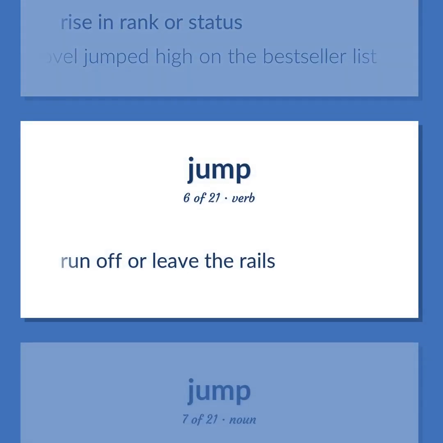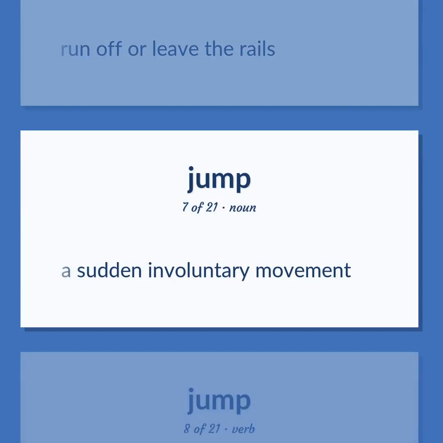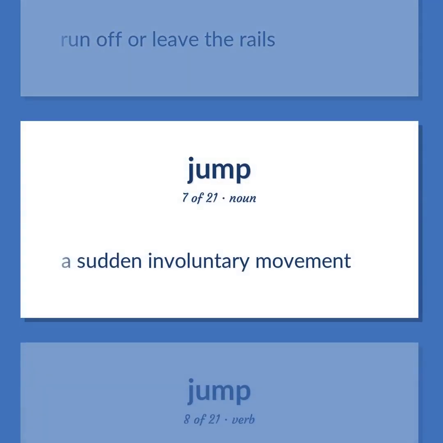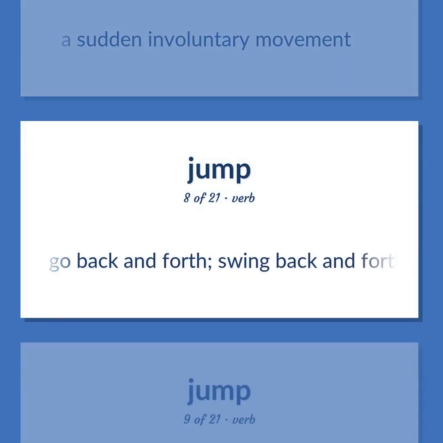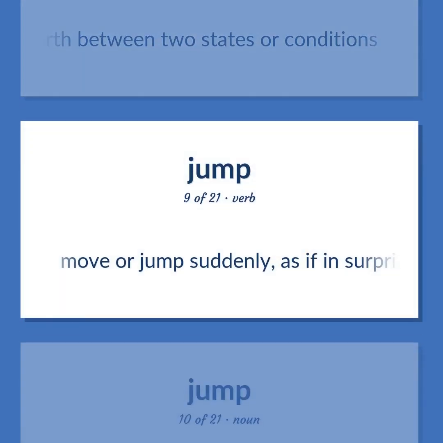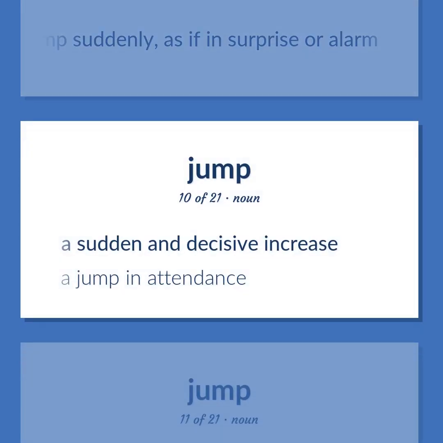Run off or leave the rails. A sudden involuntary movement. Go back and forth. Swing back and forth between two states or conditions. Move or jump suddenly, as if in surprise or alarm. A sudden and decisive increase.